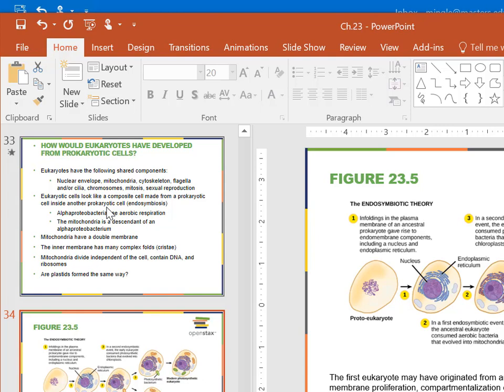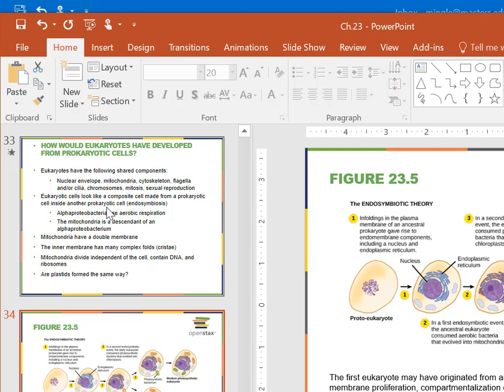And then so with forming plastids, you're going to have a similar phenomenon where instead of engulfing an alpha proteobacterium, you're going to engulf some kind of photosynthetic cyanobacterium. Now, in formation of the chloroplast, you have basically two different options.